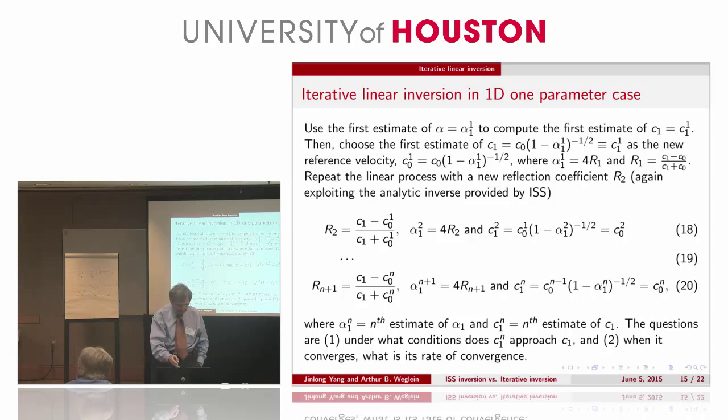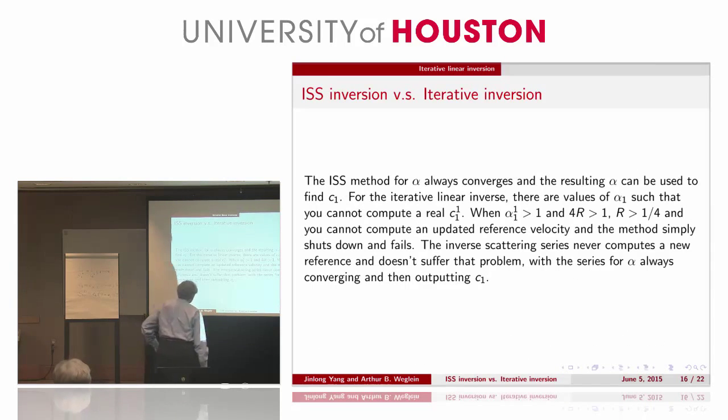So there are several levels of communication here. This happened very recently. Jinlong and I just did this recently. This is a situation where the iterative will not compute. If you have a reflection coefficient bigger than a quarter, you can't get the new velocity. You get an imaginary number for the velocity. Yes?